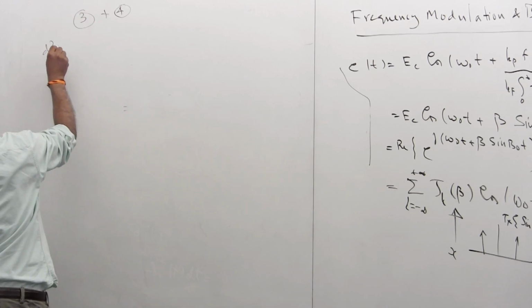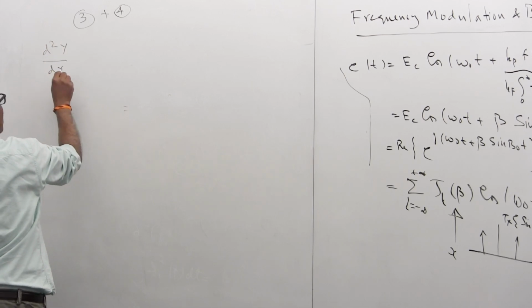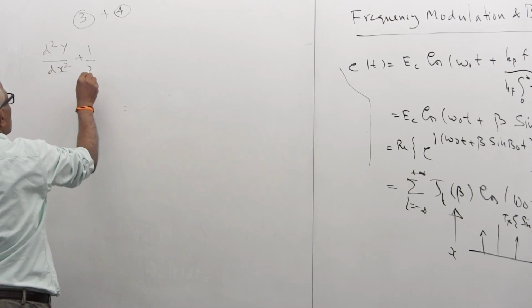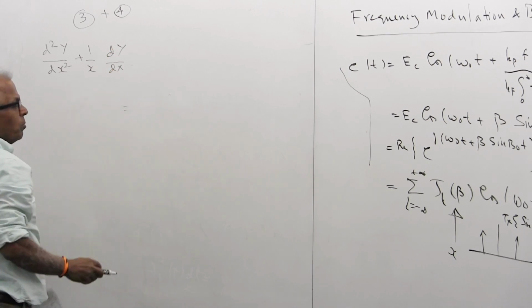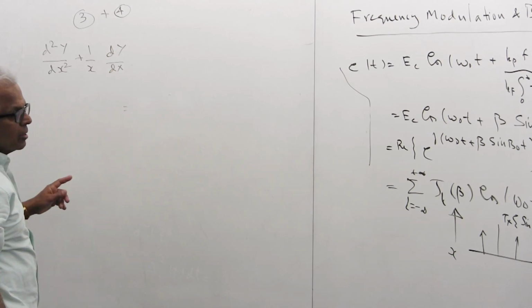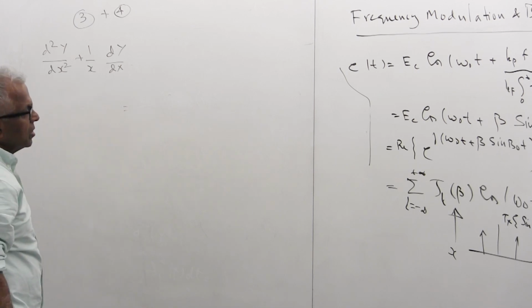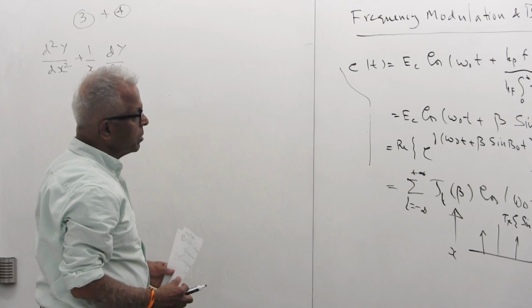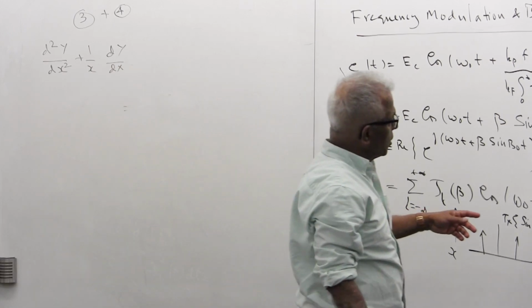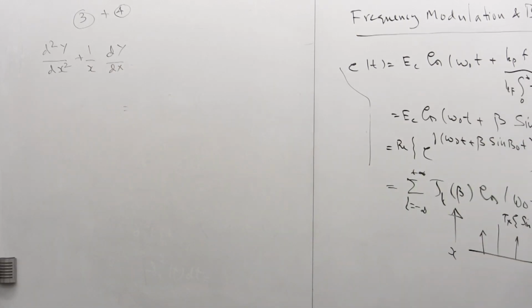So that's d squared y by dx squared plus 1 over x dy by dx. For those of you who know the Bessel differential equation, you can see this is the way the terms go. That's the reason I'm picking them up. But in d squared y by dx squared, you also have this term, minus y. So I'm just going to bring this to this side.